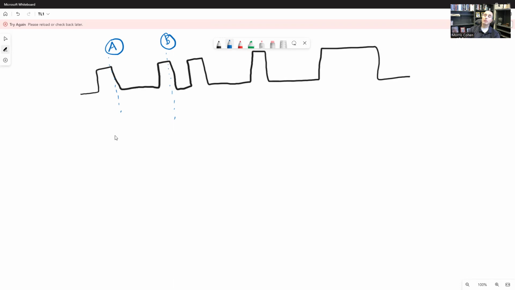Let's say you didn't see the black line, all you knew was the voltage at point A and that this is a digital signal. The voltage at point A tells you nothing about the voltage at point B, because there are all these flips that could or could not happen in between, so you really have no way to know whether it ends up as a 1 or a 0.